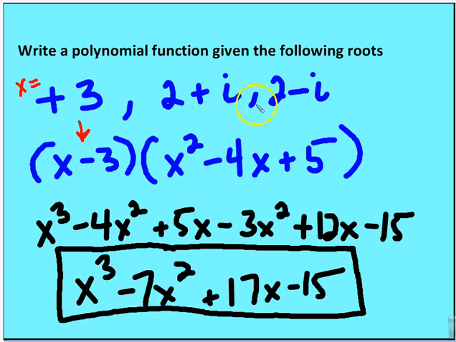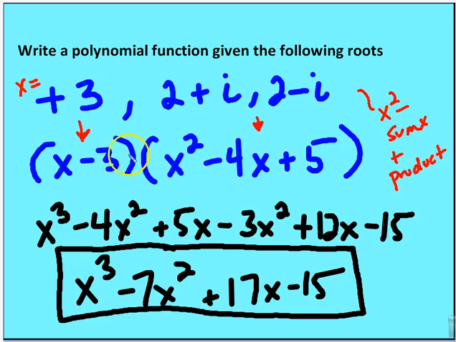And then 2 plus i and 2 minus i produce the quadratic x squared minus 4x plus 5. You can figure this out by using x squared minus the sum plus the product.